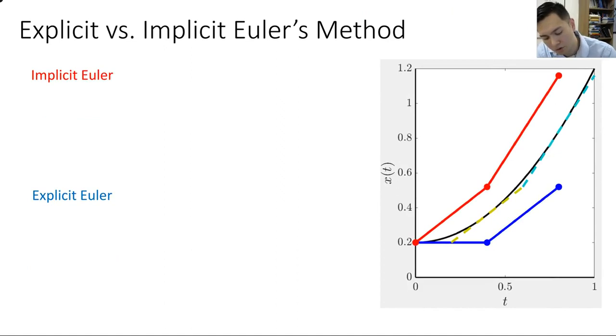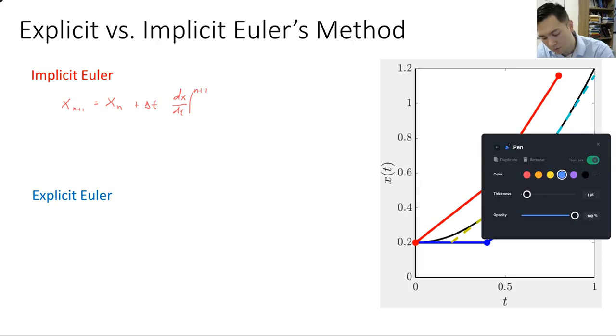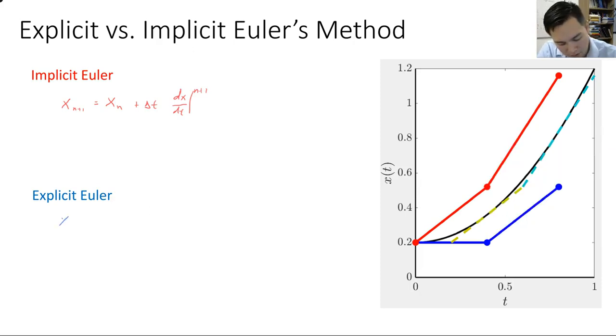So again, our implicit Euler equation is our x n plus 1 is equal to x of n plus delta t times dx dt evaluated at time index n plus 1. And our explicit equation is x of n plus 1 is equal to x of n plus delta t times dx dt evaluated at time index n.